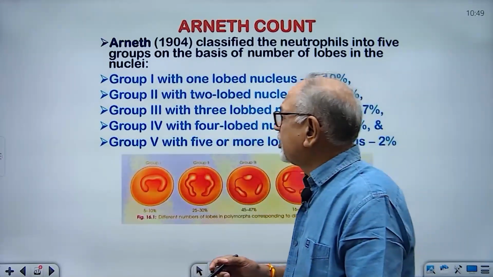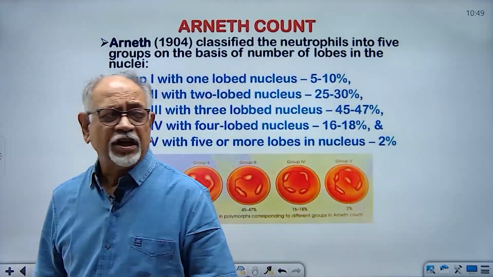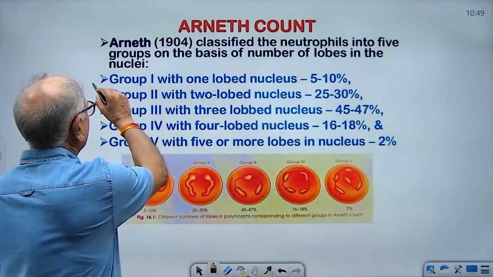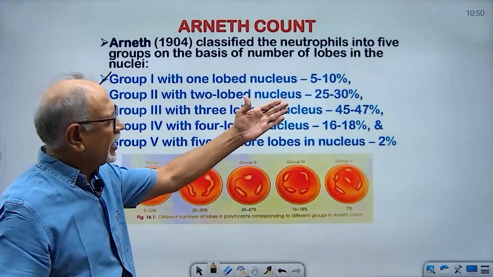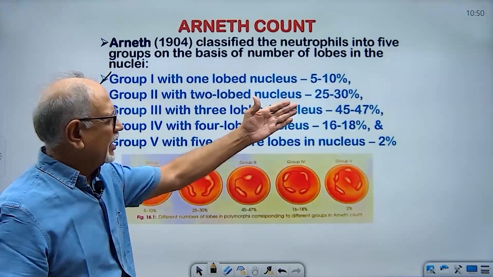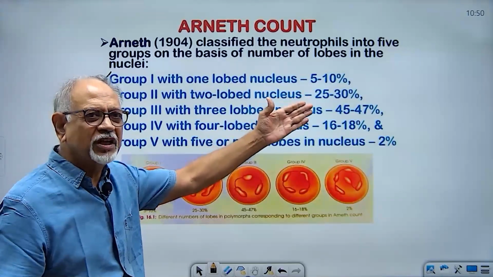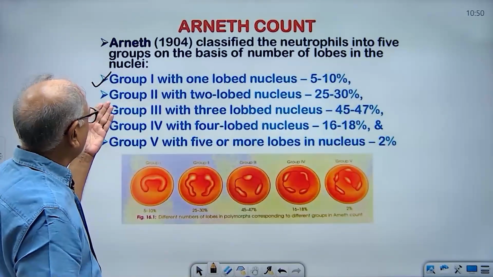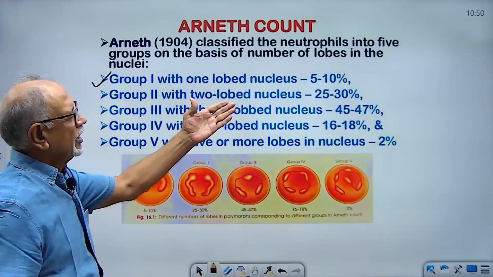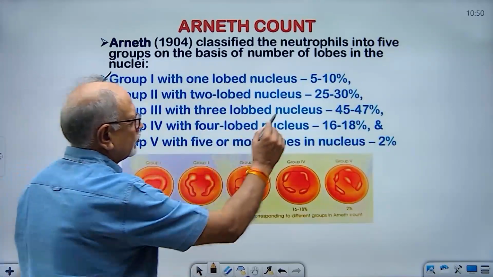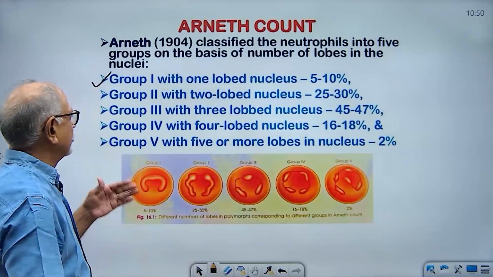Here you can see there are 5 groups. In group 1, there is only one lobed nucleus and their number is less, that is only 5 to 10%. In group 2, the nucleus is 2 lobed and their number is 25 to 30%.